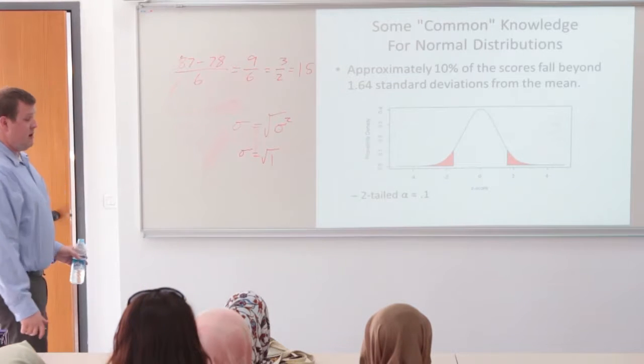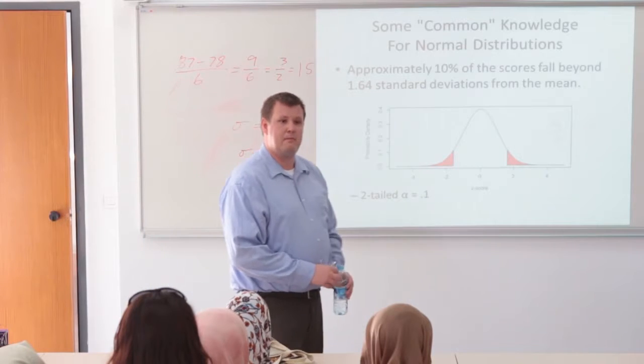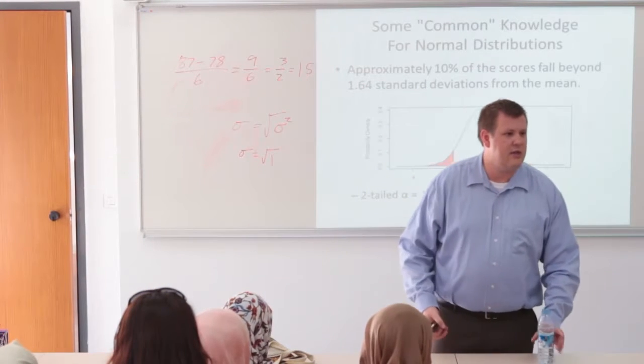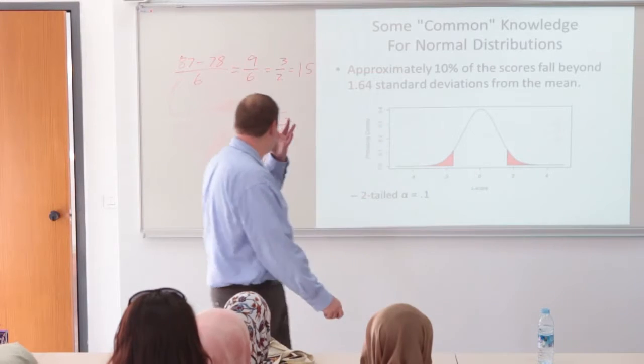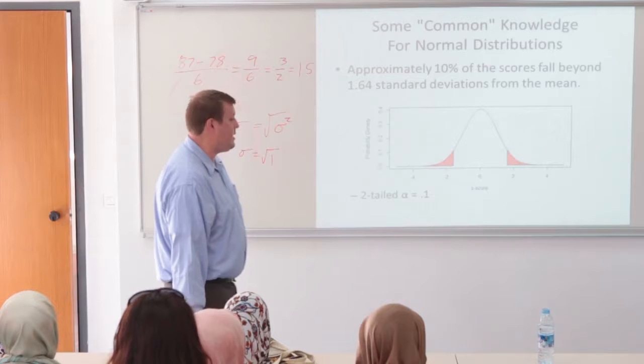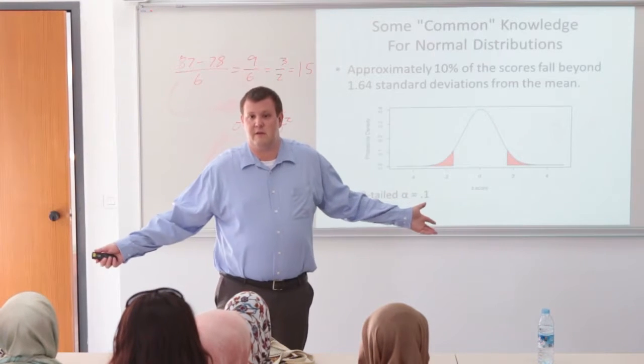So even if you don't know how to use R yet to calculate the probabilities, if I were to ask you on the homework that we observed a z-score of 1.63, what should we do? Reject, fail to reject?